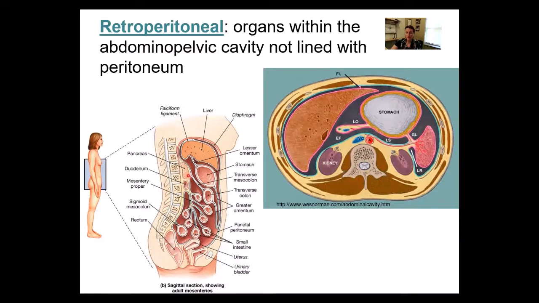They include the pancreas, an endocrine organ, the duodenum, which is part of your small intestine. Also, the rectum, uterus, and urinary bladder. All of these are not covered by the peritoneum, therefore they are retro, behind, right? This retro is in our past, peritoneum.